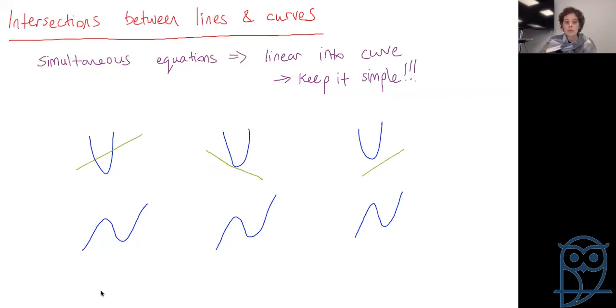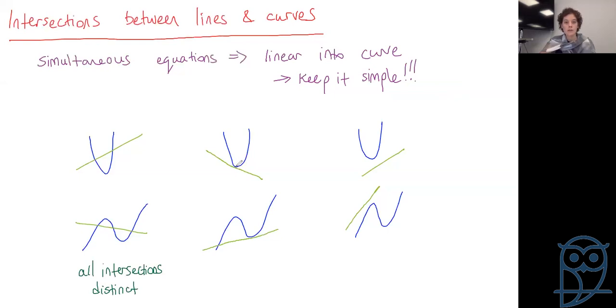Okay, same sort of story here. We could have a line that goes like this. We could have a line that goes like this. Or we could have a line that goes like this. Okay, and we've gotten ourselves 3 different situations. In this first situation, we have all intersections distinct.